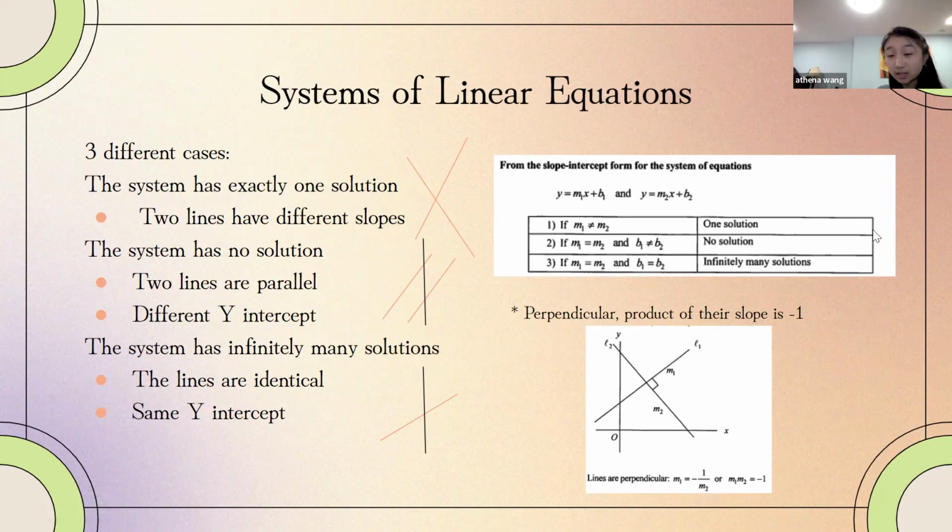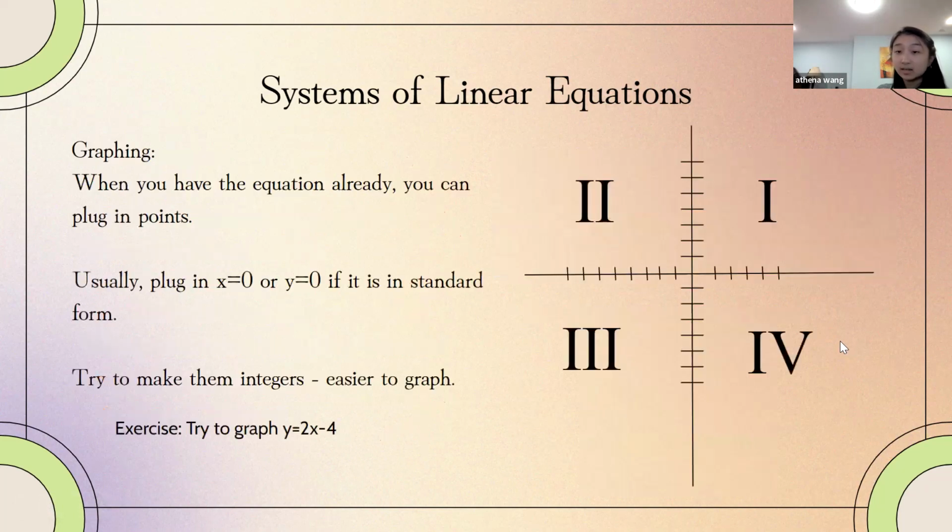Another important part is if you know two lines are perpendicular, the product of their slope is -1. So you know that if one line has a slope of m1, then the second line has a slope of -1 over m1. Okay?